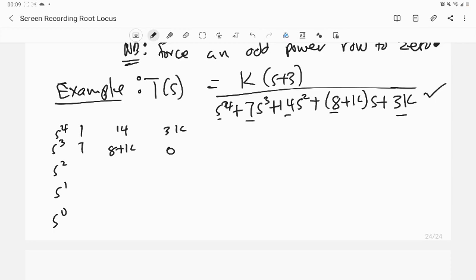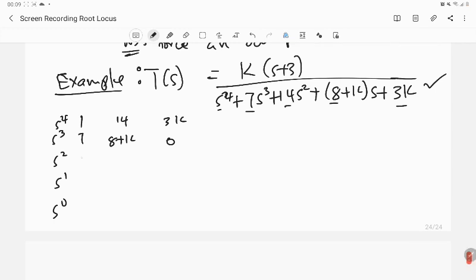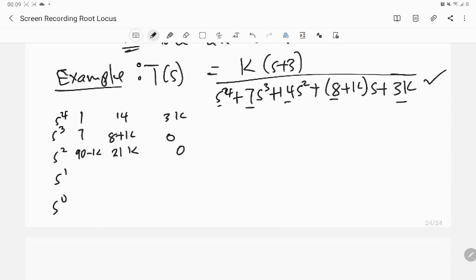Okay, so now if you solve for this, you will get this first column to be 90 minus k, and then this will be 21k. Of course, that will be 0.